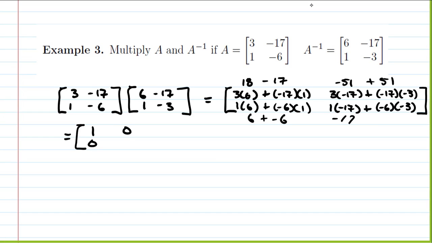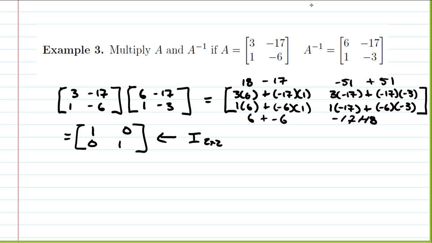And then we have negative 17, and a negative 6 times a negative 3 is positive 18, so we get 1. So when we multiplied A and A inverse together, we got the 2 by 2 identity matrix.